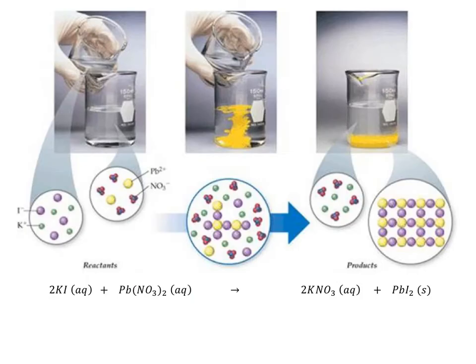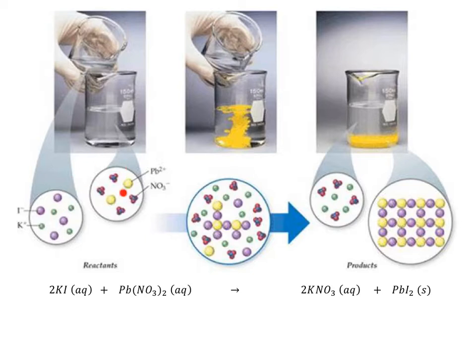And this is just another picture showing the same thing, but now we have a better picture of what you would actually see in the laboratory. Here we have the two soluble compounds, potassium iodide and lead-2 nitrate. The potassium iodide really has iodide ions and potassium ions floating around, and the lead-2 nitrate really has lead ions and nitrate ions floating around.